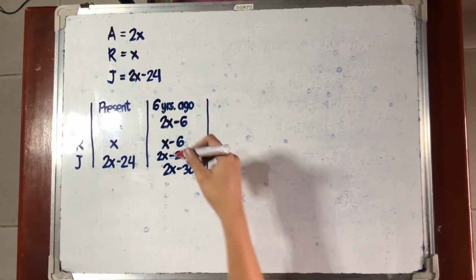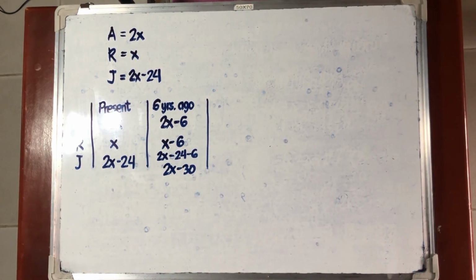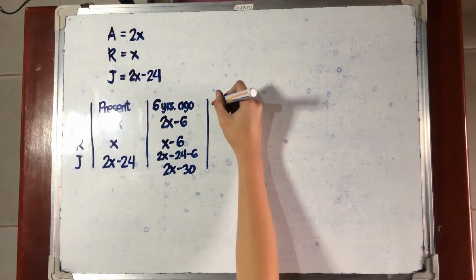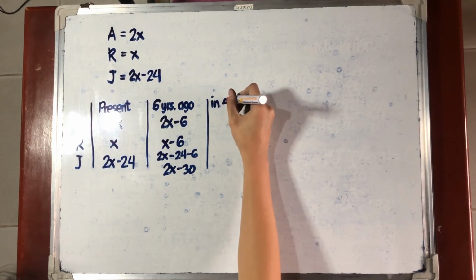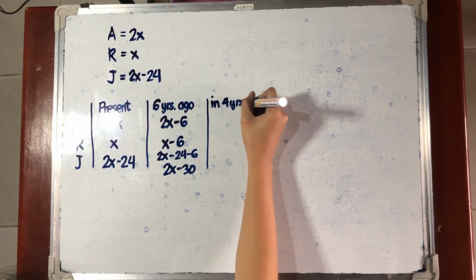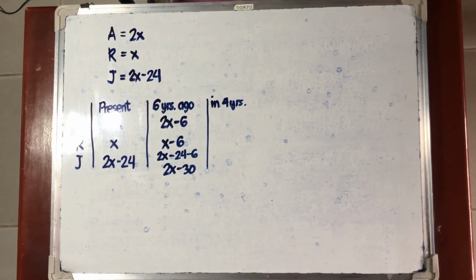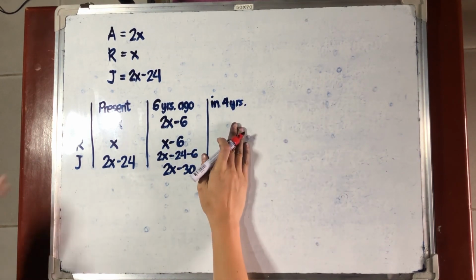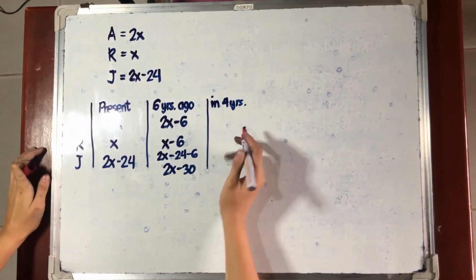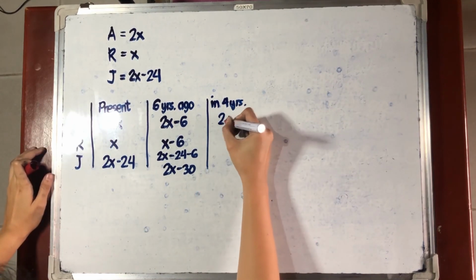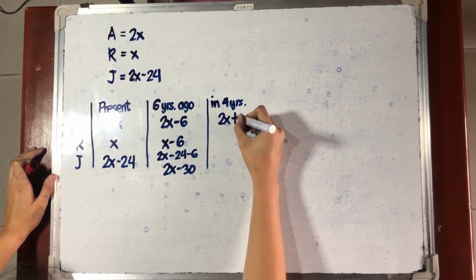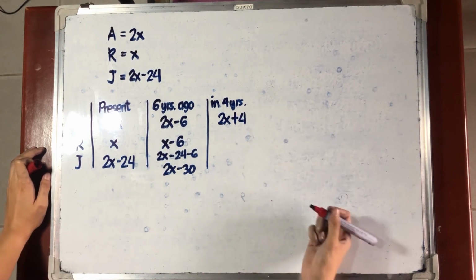Okay. Aside from this 6 years ago, ano pang sinabi? Rico's age in 4 years. In 4 years. So that means we are talking about future age naman dito. So in 4 years time, if these are their present ages, is it correct to say that in 4 years, Aris will be 2X plus 4?